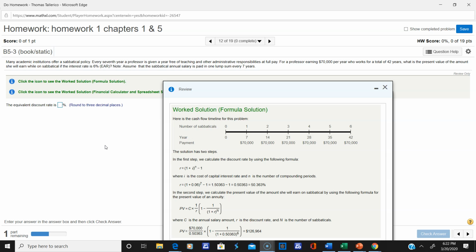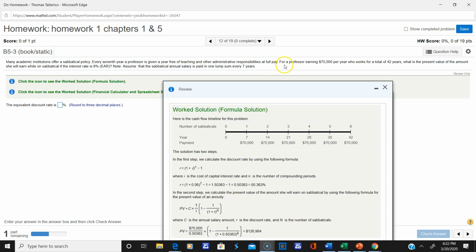Okay, so someone had a question on chapter 5, problem 12, and it's actually B5-3. Many academic institutions offer a sabbatical policy. Every 7th year, a professor is given a year free of teaching and other administrative responsibilities at full pay.